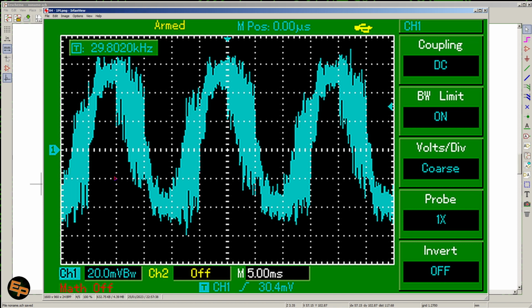Now it has become much clearer that we are dealing with a 50 hertz signal. If you take a full repetition of the signal, from here to here, it takes 4 divisions times 5 milliseconds, that's 20 milliseconds. 1 over 20 milliseconds is 50 hertz.